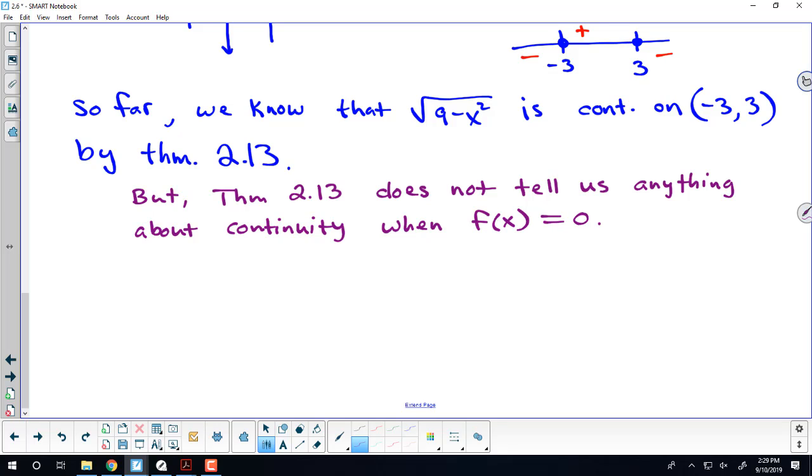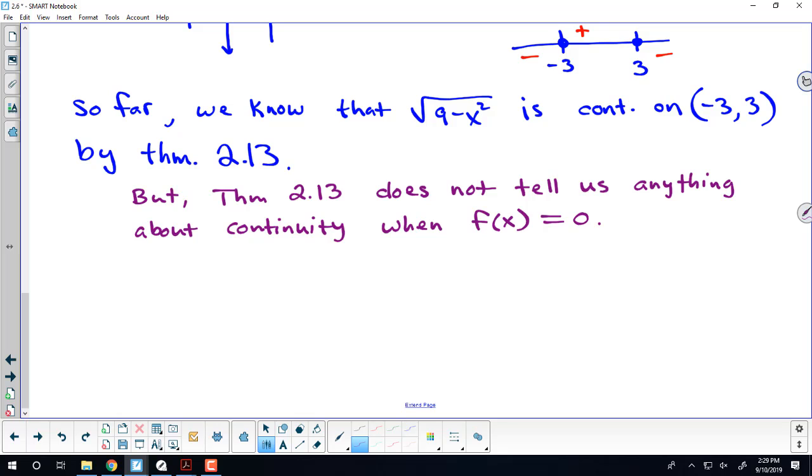So don't get the f of x that we're talking about in Theorem 2.13 confused with the f of x that we're dealing with. F of x in Theorem 2.13 is simply the function on the inside of the radical. Okay, so since the theorem doesn't tell us anything about continuity when the function is 0, and for us the function is 0 at the endpoints, 3 and -3, it's up to us to check that left and right continuity.